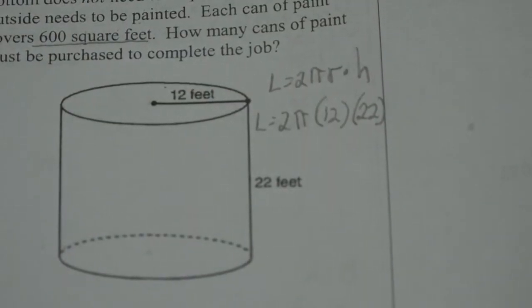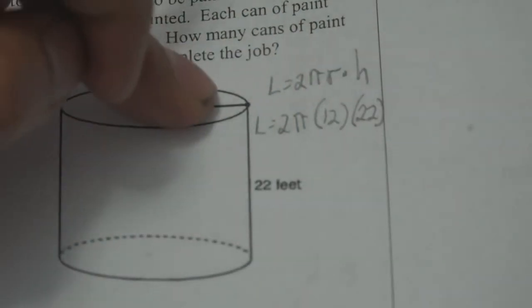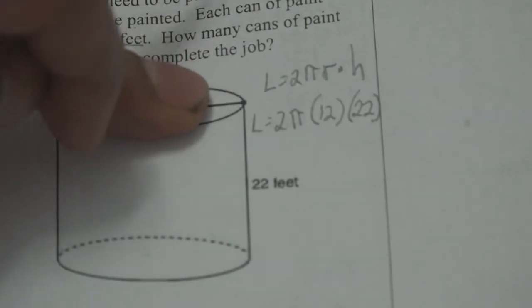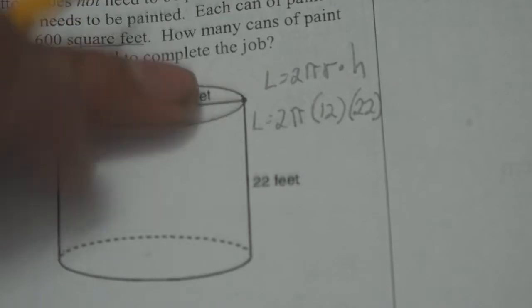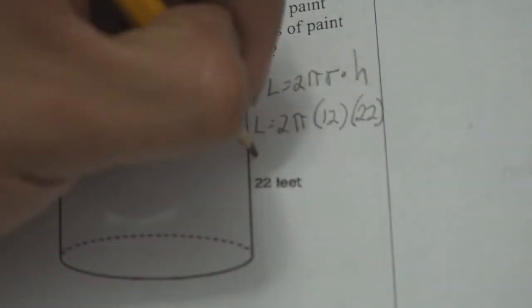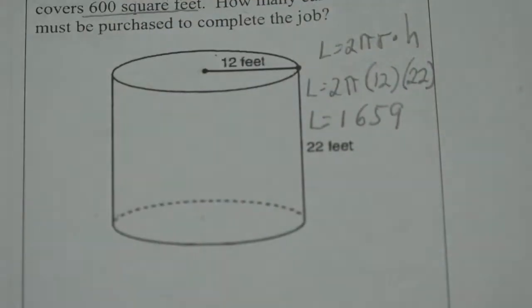Now let us multiply that. And when we multiply, we get, okay, wait, hold on a second. I don't know what I get when I multiply this. 1,659. Oh, okay. So the lateral area is 1,659. Now, you don't believe me?